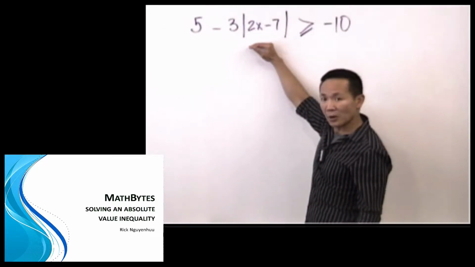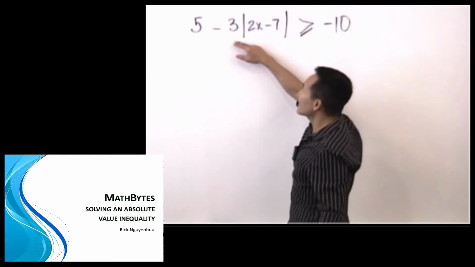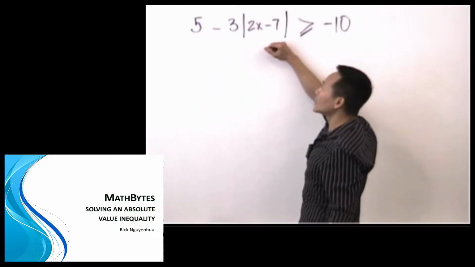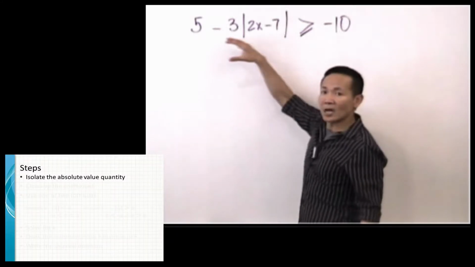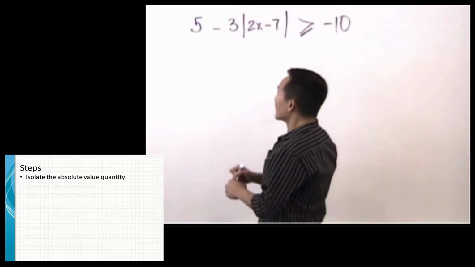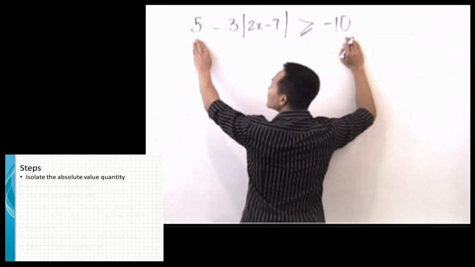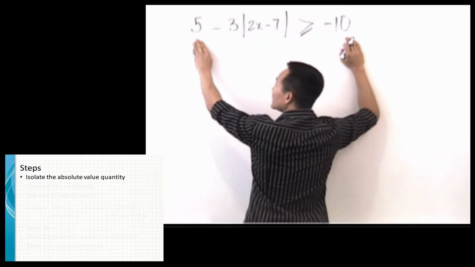X is the unknown. The rule of thumb is you have to get the absolute value quantity by itself on one side of the inequality. In this case, we will subtract 5 from both sides of the inequality.